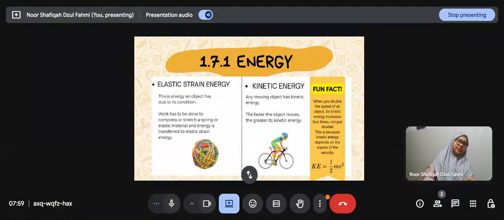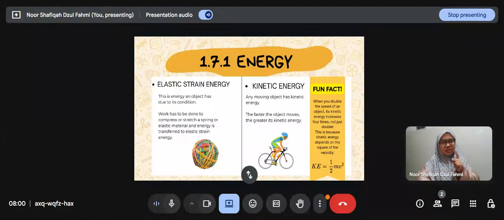And then, as for kinetic energy, every moving object surely has its own kinetic energy. The faster the object is moving, the greater its kinetic energy. And a fun fact: most people think that when you double the speed of an object, its kinetic energy should double as well, right?